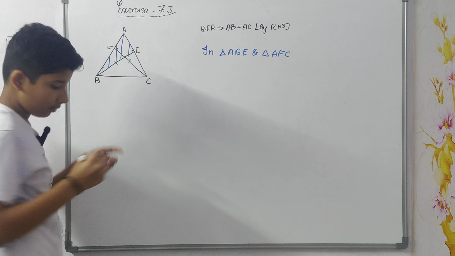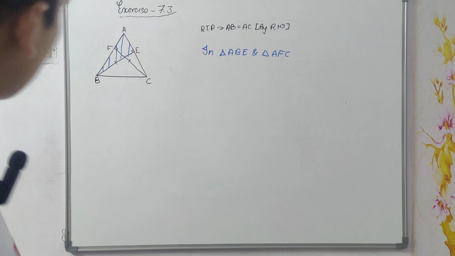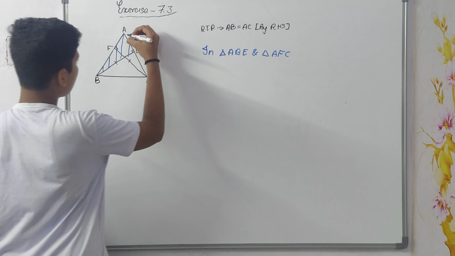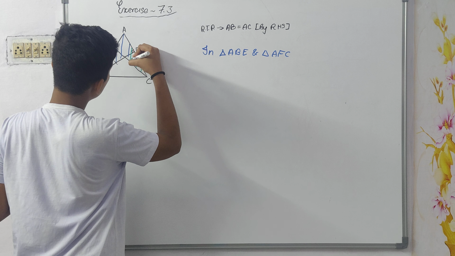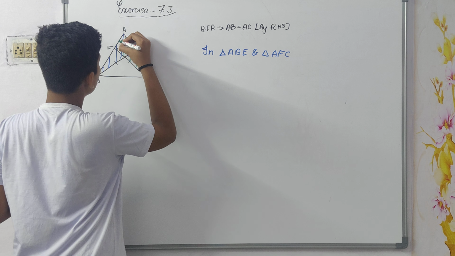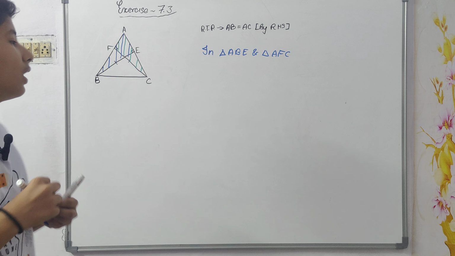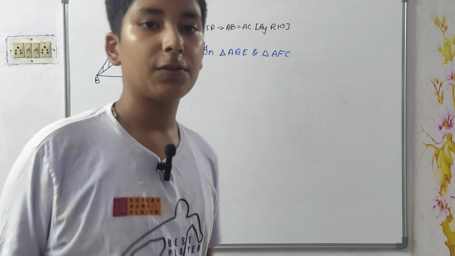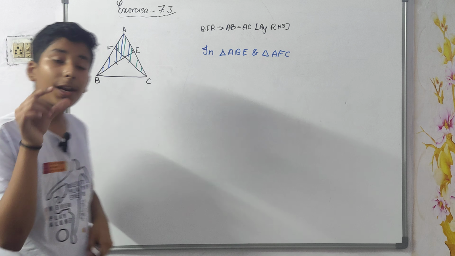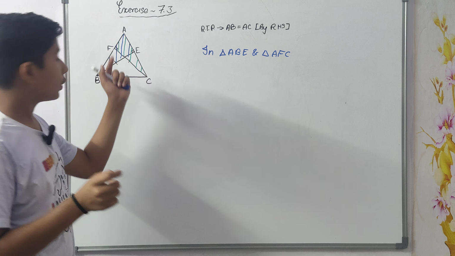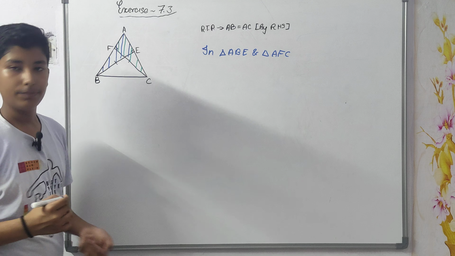So now you can see that there is a part which is common. This part is common in both the triangles. So try searching something which is congruent in both of them.